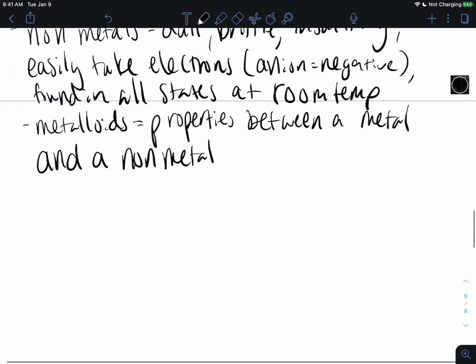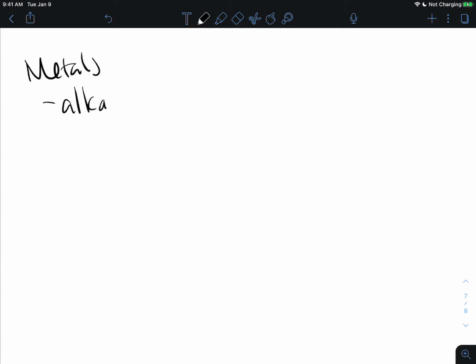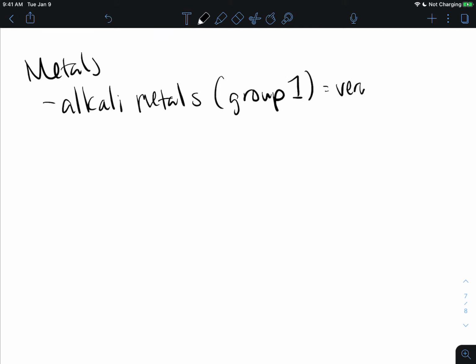Let's look at a couple of the groups a little bit more in detail. So for our metals, we have our alkali metals. This is group 1. And these are going to be very reactive. They are only found as ions.